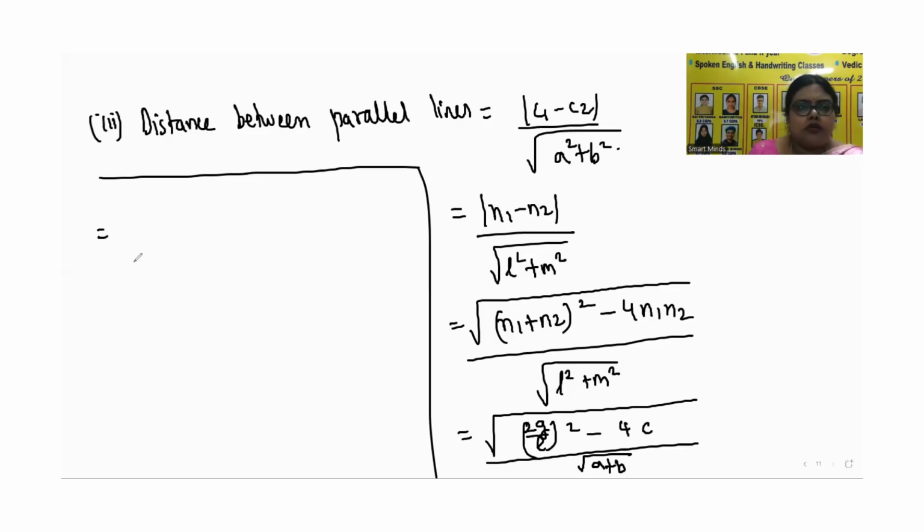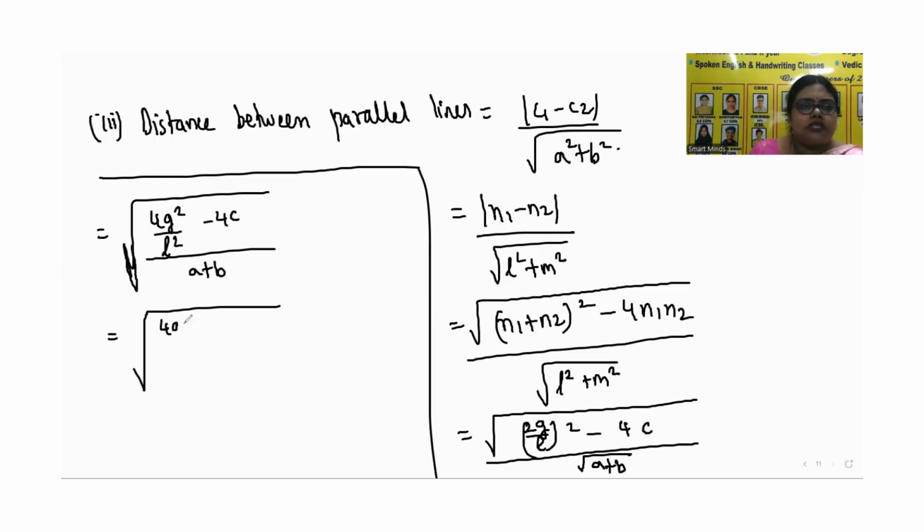So that is root over 4g square by L square minus 4c by a plus b I will write, because for numerator and denominator both you have square root. So that is root over 4g square minus 4L square c by L square into a plus b.